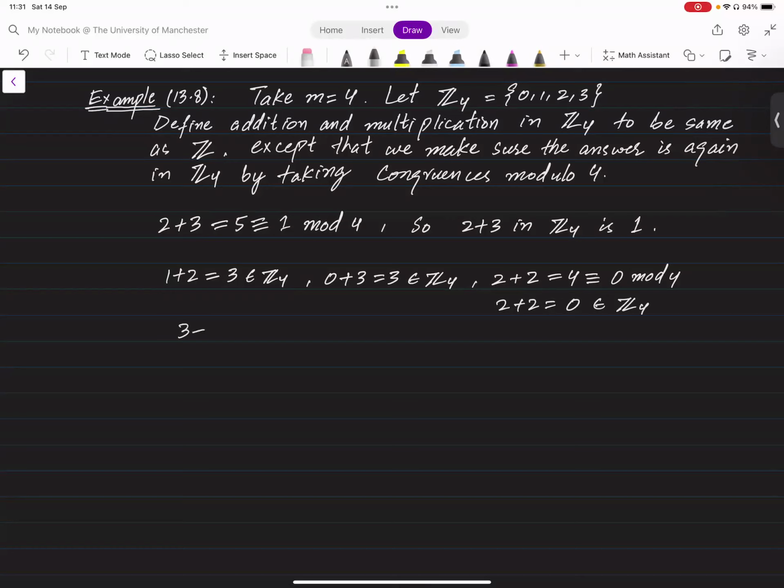Similarly, 3 plus 3 is 6, which is congruent to 2 mod 4. So 3 plus 3 is 2 in Z4.